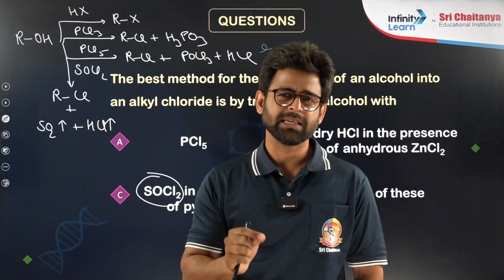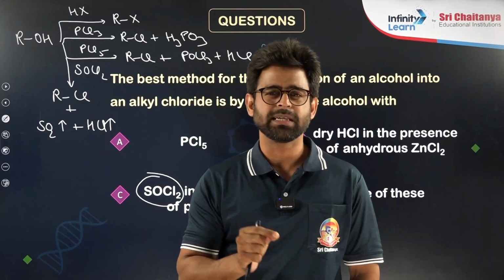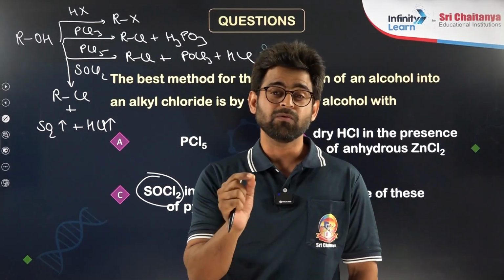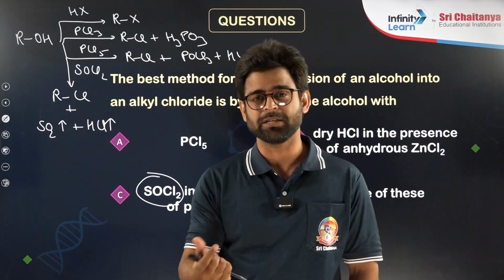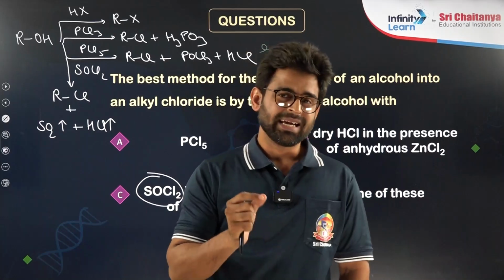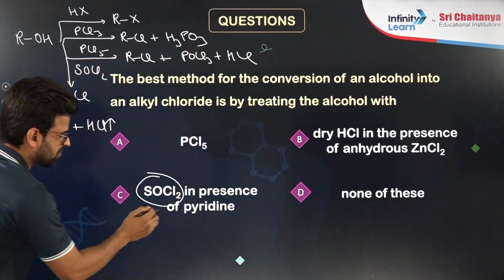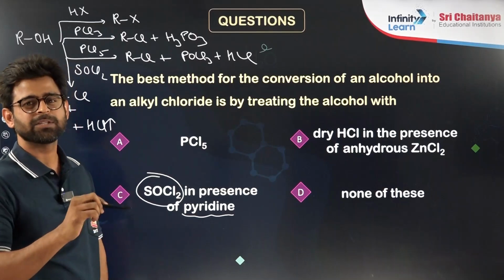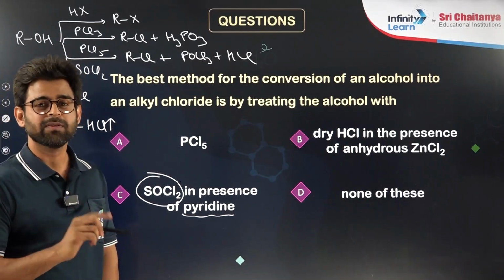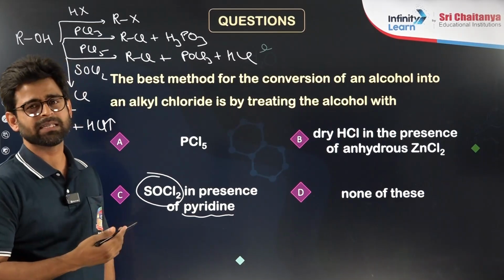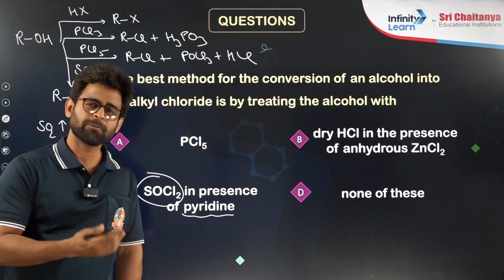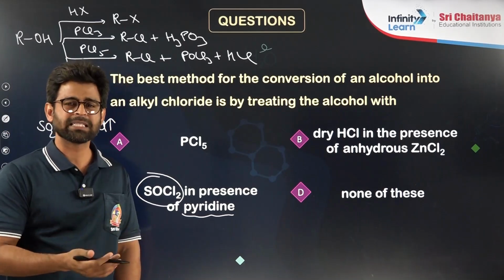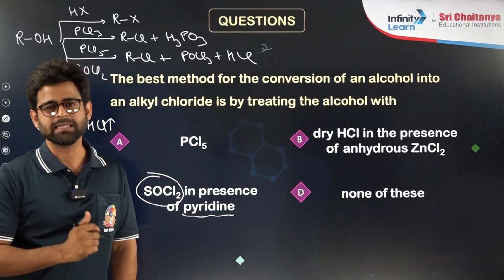I'm saying once again, with SOCl2 it is the SNi mechanism which will give us retention in configuration. And if we use SOCl2 with pyridine, in the presence of pyridine the mechanism becomes SN2, in which we will get inversion. So definitely this is the best method because the byproducts formed will be gases and you can separate them from our main product very easily.